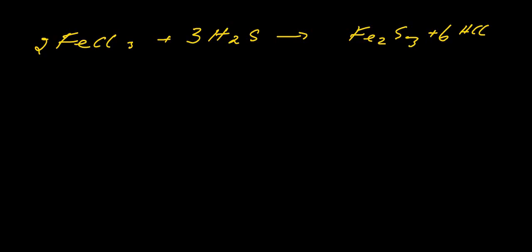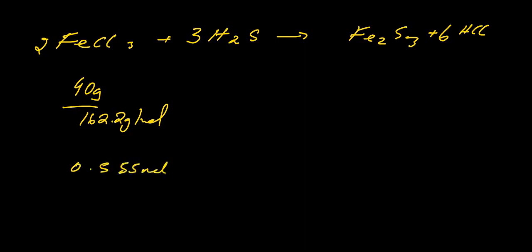So if you get the moles, I'll use the rounded off molar mass. The mass here was given to be 90 grams divided by the molar mass, which is 162.2 grams per mole. So the moles that I'm going to get here are 0.555 moles.